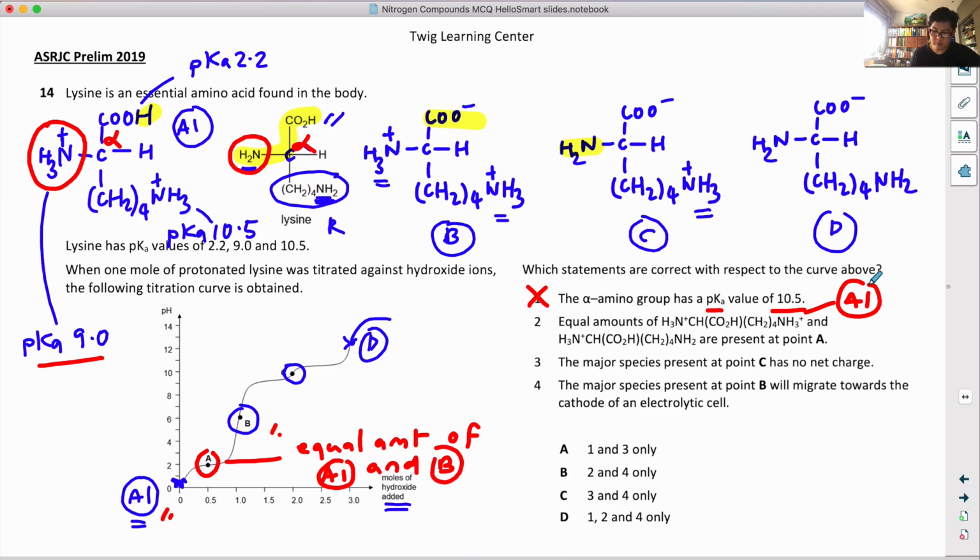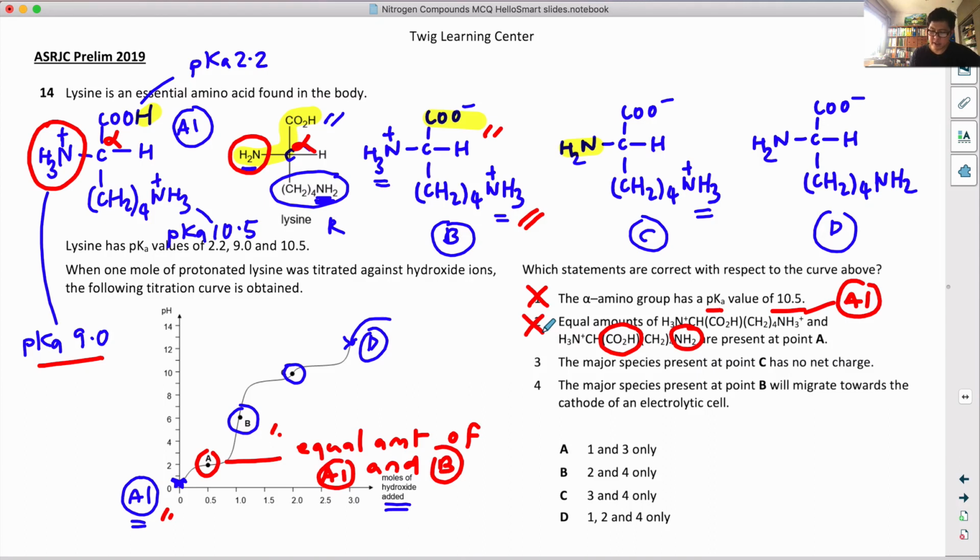So what is B? This part here is supposed to be NH3 plus, and this one is supposed to be COO minus. Can you see that? But it's not, so this one is also out. You have A1, but they didn't draw B for you.